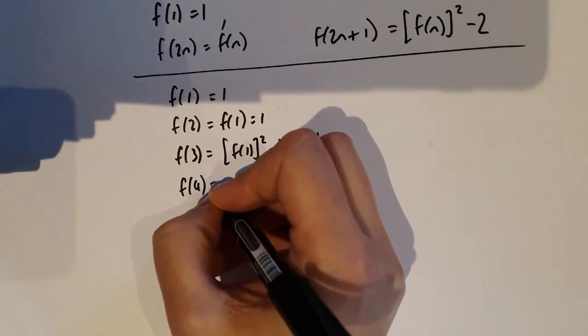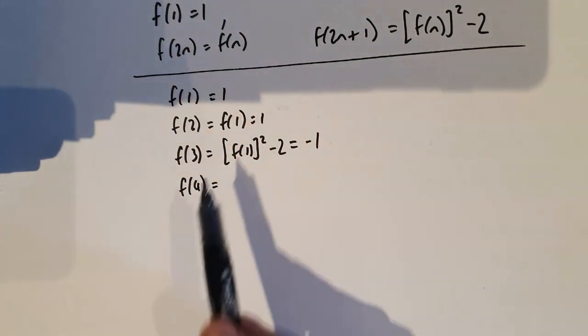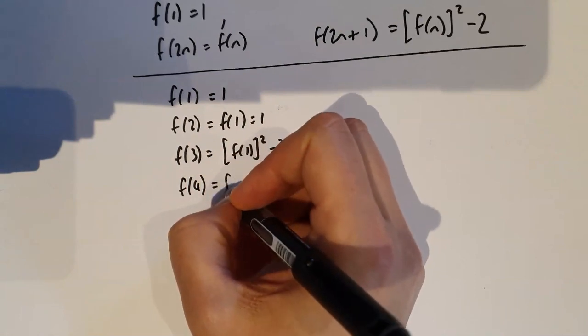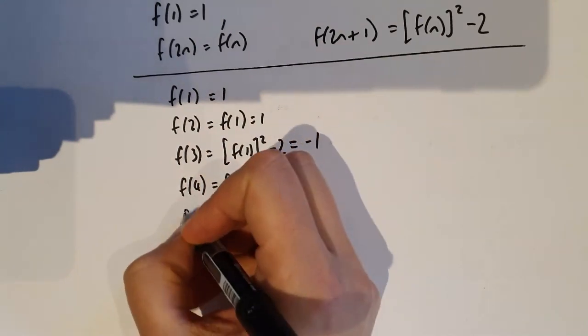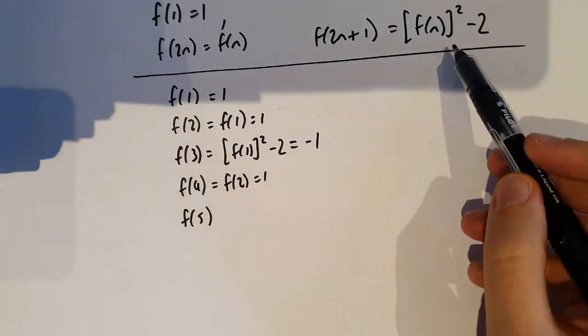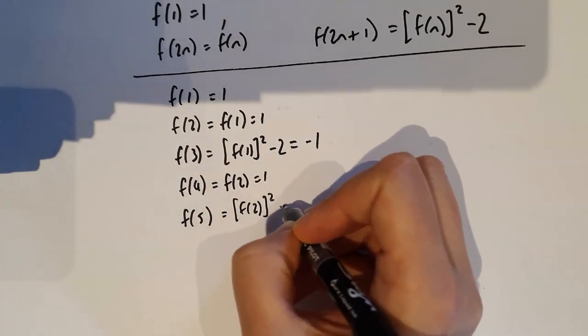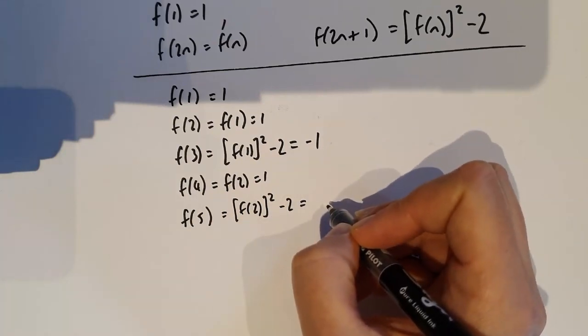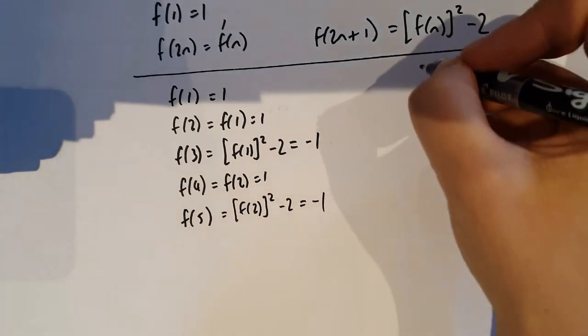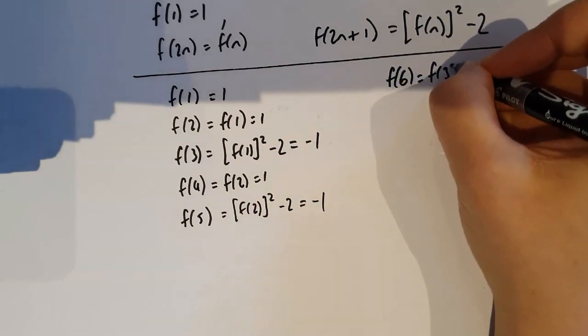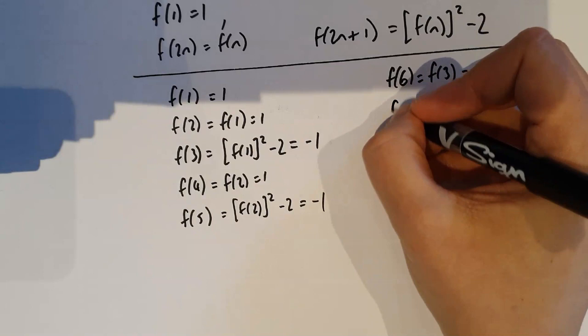F of 4, well, 4 is even, we're over here. This is going to be f of 2, which is 1. F of 5 is going to be the square of f of 2 minus 2, which is minus 1. F of 6 is going to be the same as f of 3, so that is minus 1.